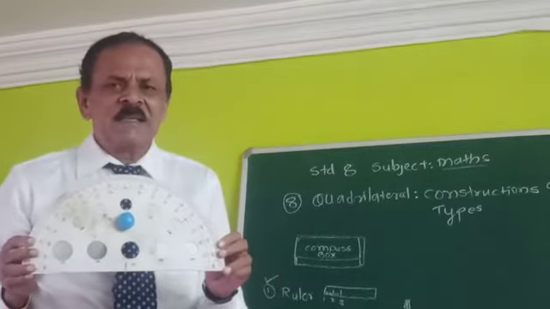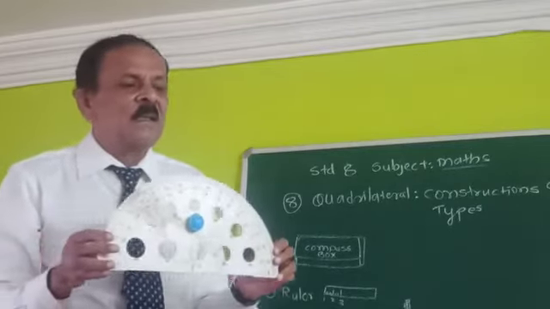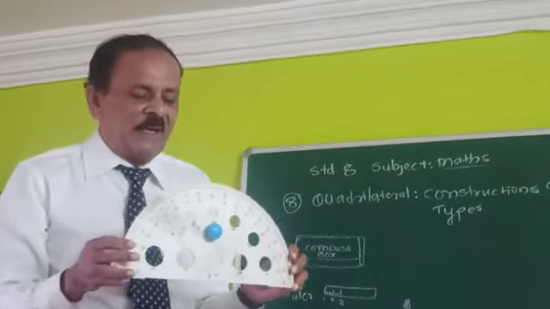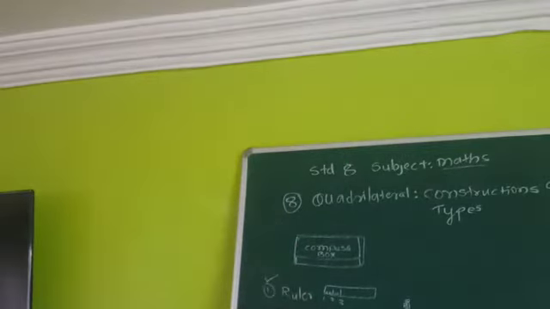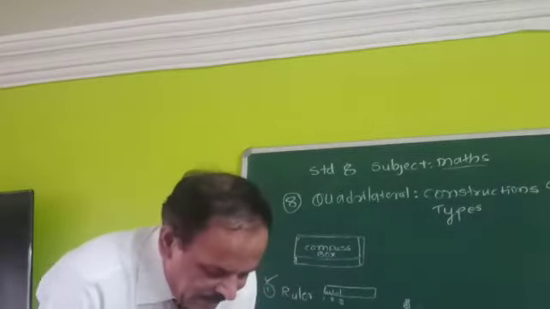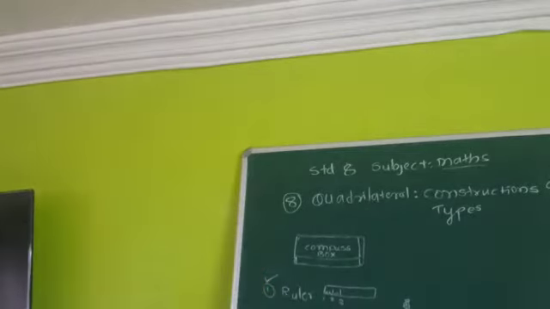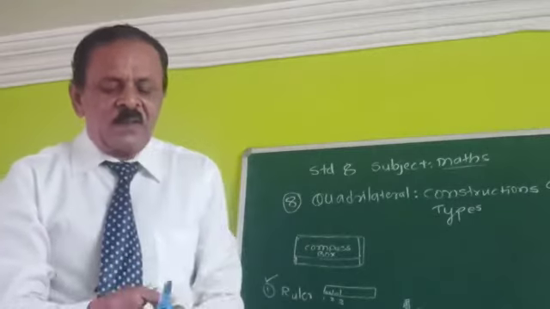Nipun, what is this? Protector. This is Tanish, protector. Correct. What is this?